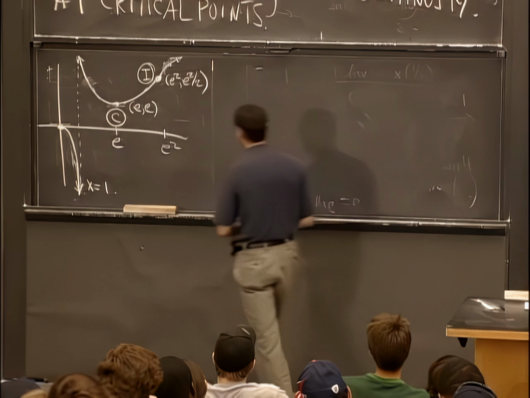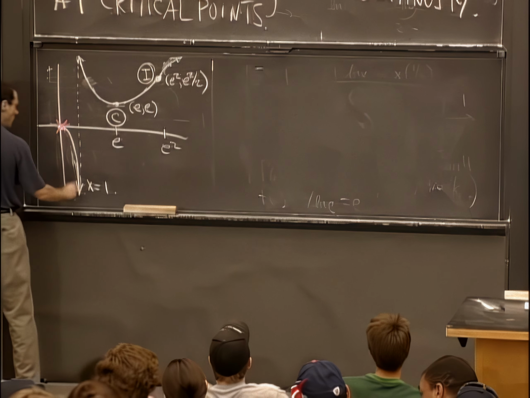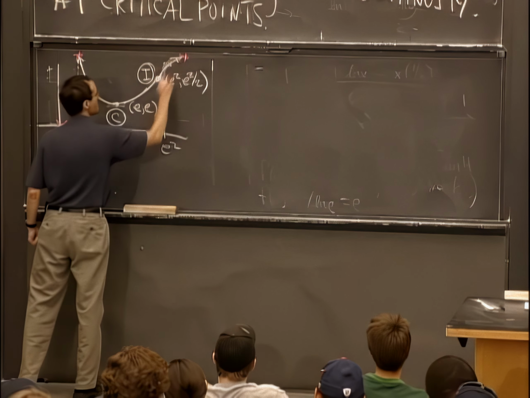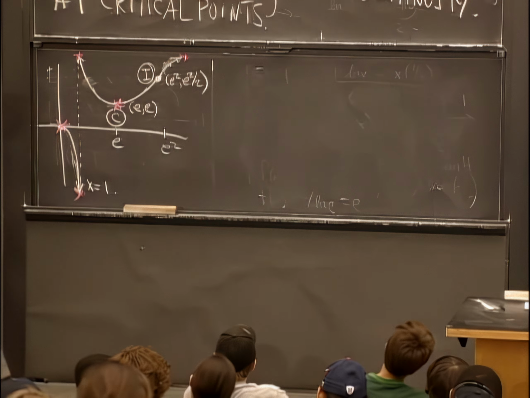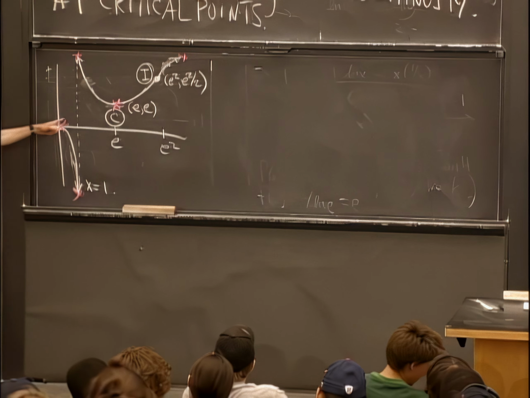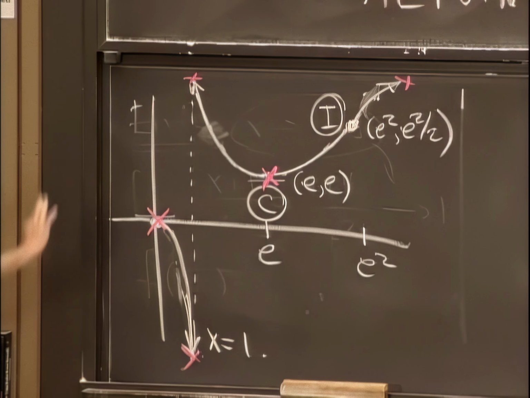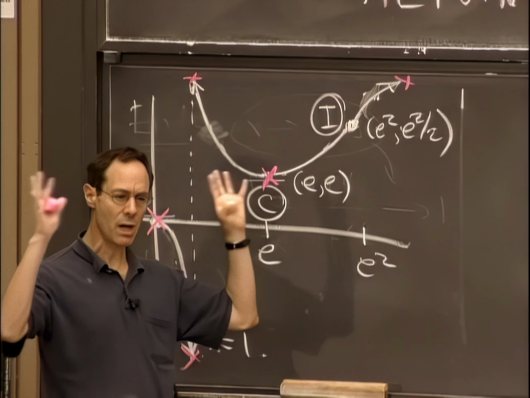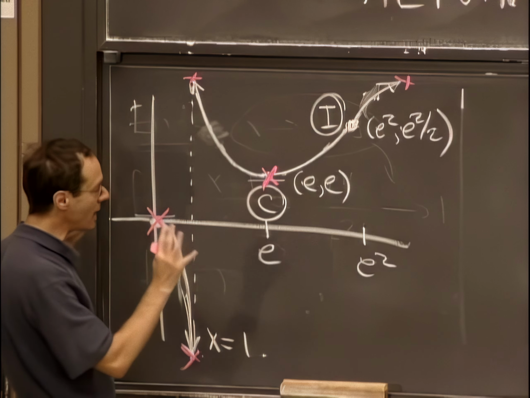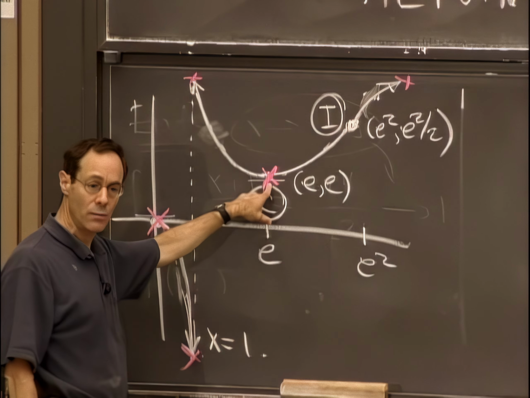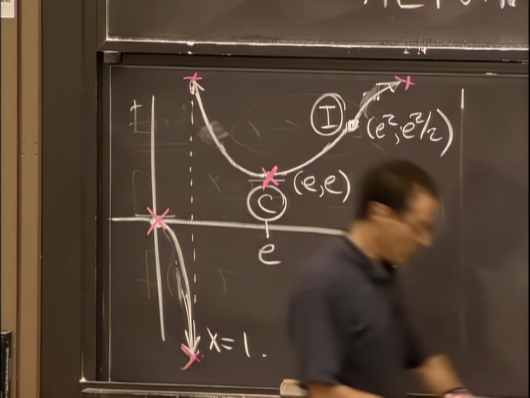This is, as I say, the scaffolding of the function. There's this point, there's down at minus infinity, there's this, and there's this. Only 1 out of 5 is a critical point. So there's more that you have to pay attention to on the function, and you always have to keep the schema, the picture of the function in the back of your head, even though this may be the most interesting point and the one that you're going to be looking for. So we'll do a few examples of that next time.